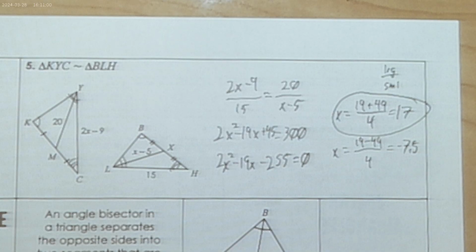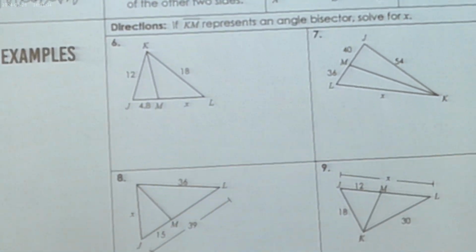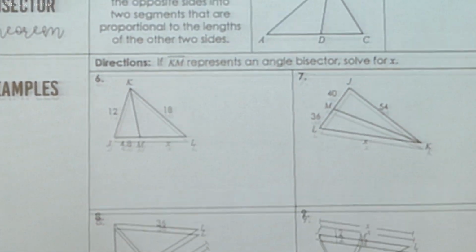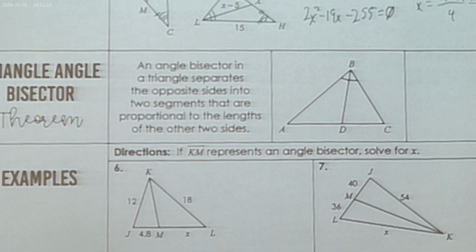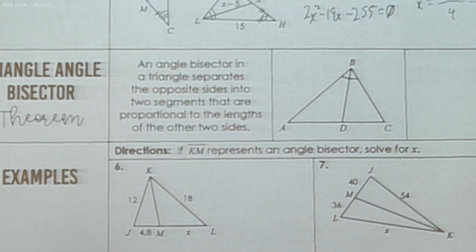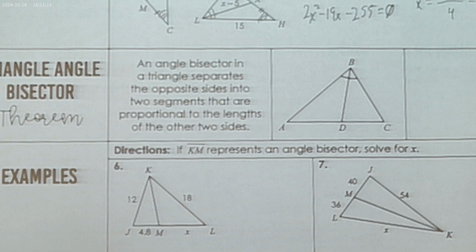So yeah, hope your kung fu is strong, kids. Next one, we're going to take a look here. The next theorem that we're basically going to look at is the triangle angle bisector theorem. It basically means that anytime you have the angle bisector and it's going to separate the opposite side into two segments, the other two segments are going to be proportional to one another.